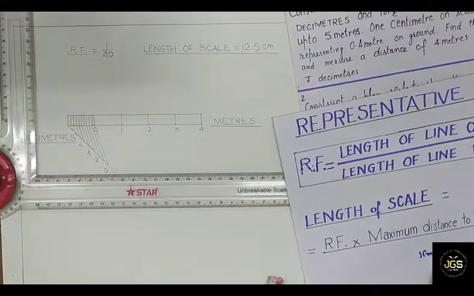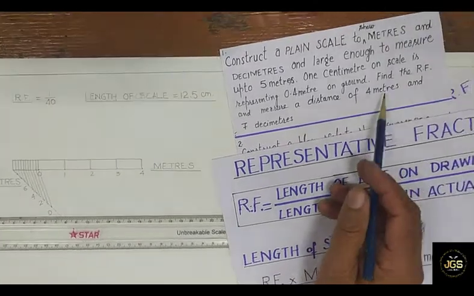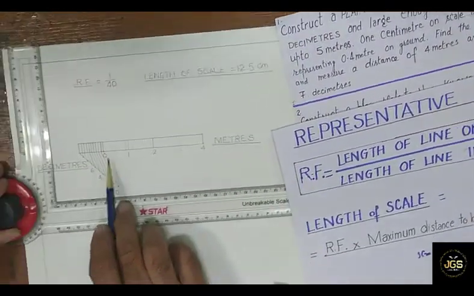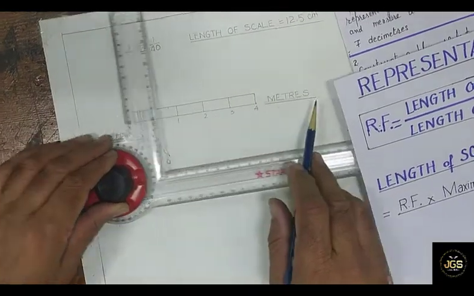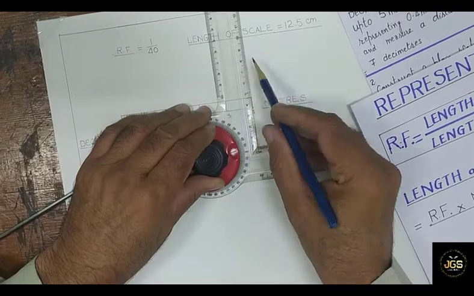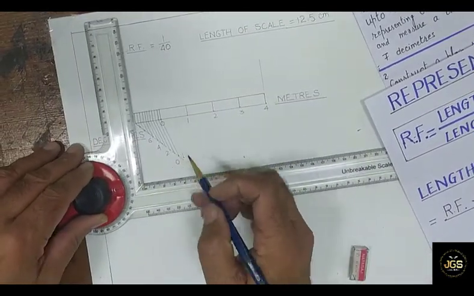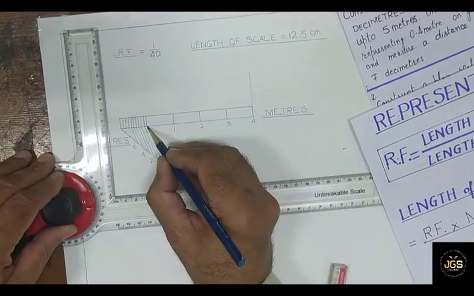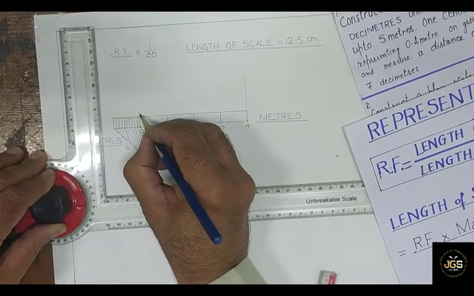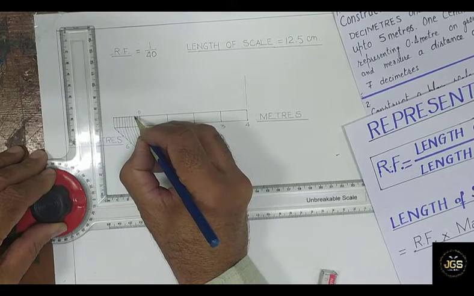Now we have constructed the scale. We have to show a distance of 4 meters and 7 decimeters. So from here 0 to the right hand, these are the meters. Okay, you take 4 meters distance from here, and we have to take 7 decimeters. From 0 here, you have to count like this. This is 0 decimeter. This is 1, 2.